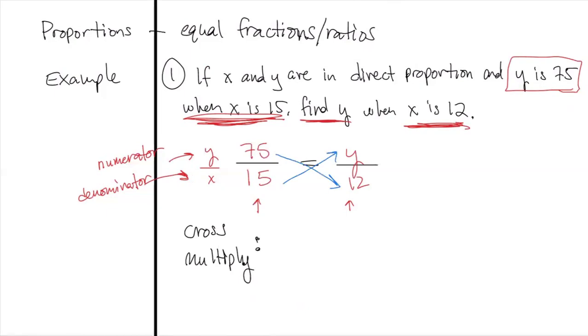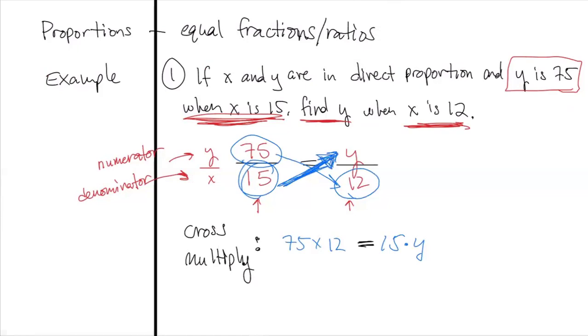Cross multiply, so I'm going to make an X when I multiply. So 75 times 12, we'll multiply that together. 75 times 12 is going to equal 15 times y. 75 times 12 equals 15 times y.